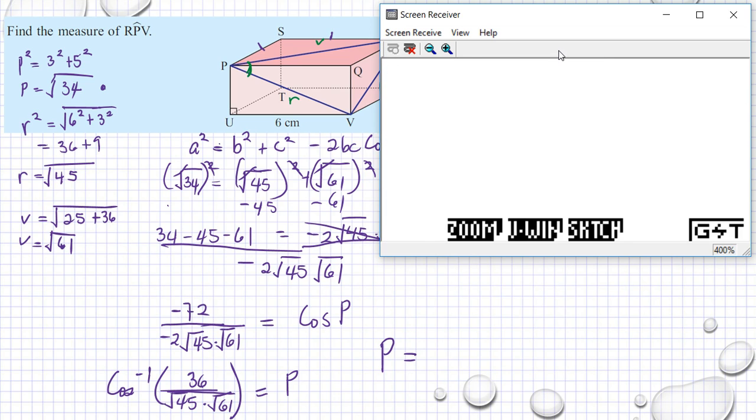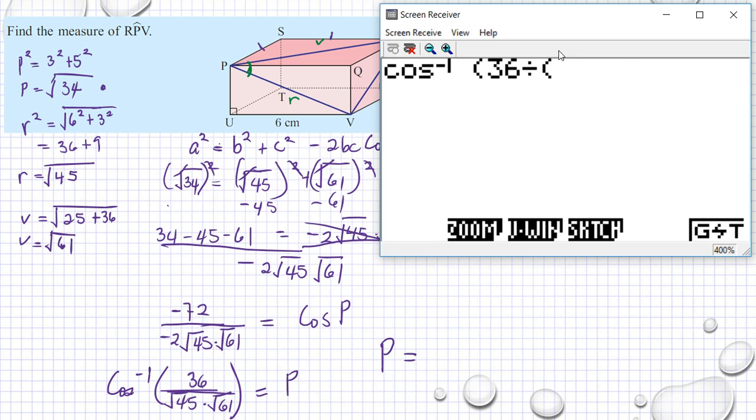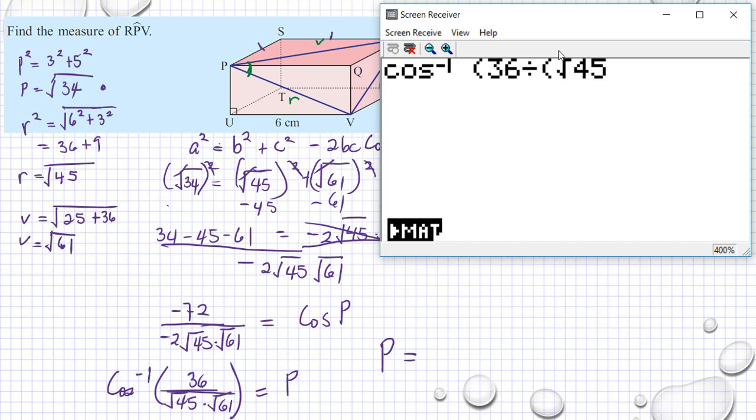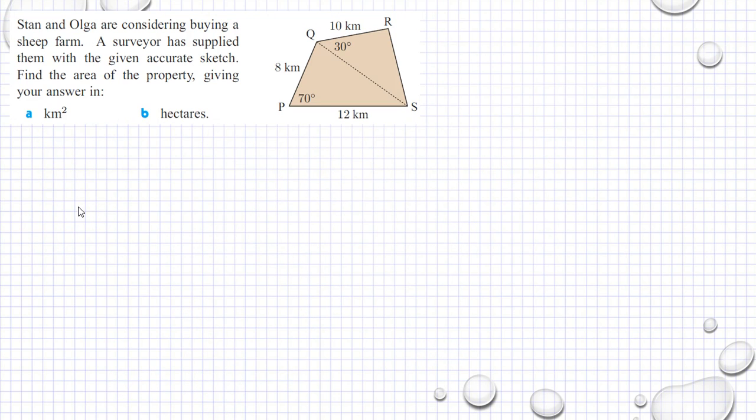We have arc cosine 36 divided by square root of 45 times square root of 61. Then we have 46.6 degrees. One more.